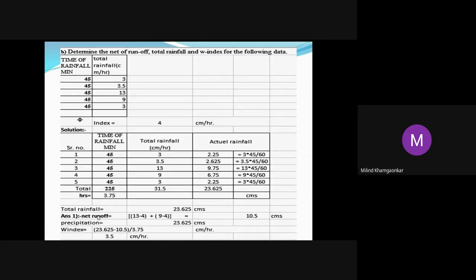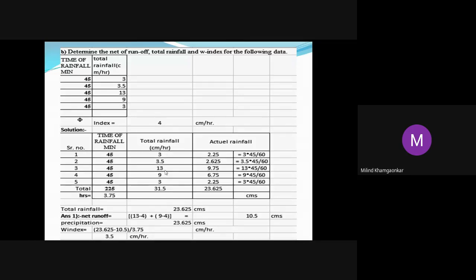Then the runoff, as we have been given that the phi index is 4 centimeters per hour. So definitely the rainfall which is greater than the phi index will contribute to the runoff. There is no necessity to explain again what the phi index is. All the quantities of rainfall above the phi index contribute 100% to the runoff.